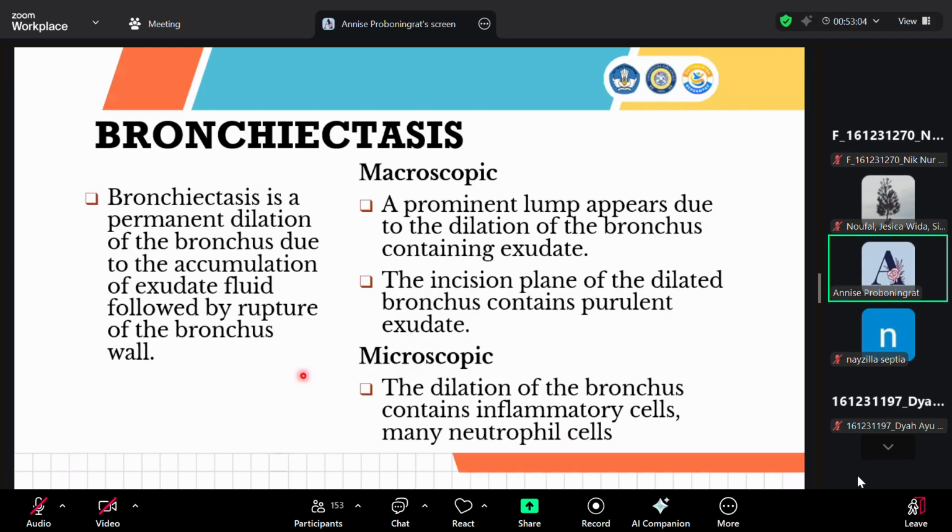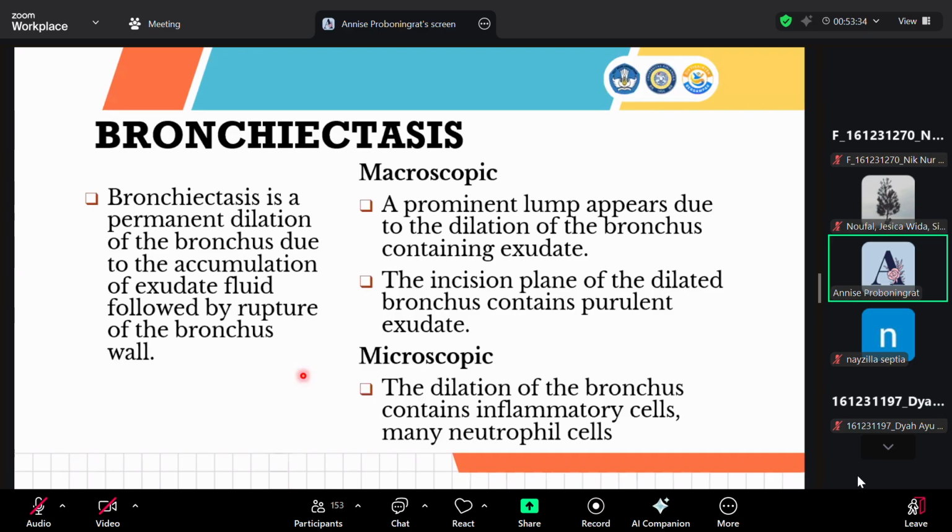And then bronchiectasis is a permanent dilation of the bronchus due to the accumulation of exudate fluid followed by rupture of the bronchus wall. The macroscopic lesion can be a prominent lump that appears due to the dilation of the bronchus containing exudate, and the incision plane of the dilated bronchus contains purulent exudate.